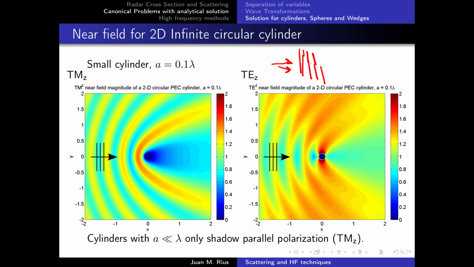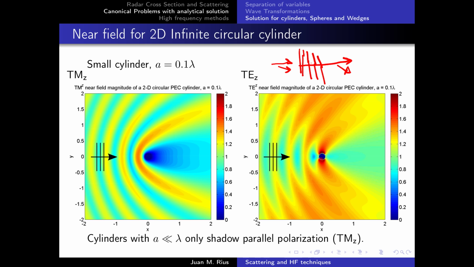If the polarization is perpendicular to the wires, we know that the wire grid doesn't reflect the field, and the field crosses the wire grid. And this is because there is a low interaction between the wires and the electric field perpendicular to the wires. And this is the phenomenon that we can observe here.